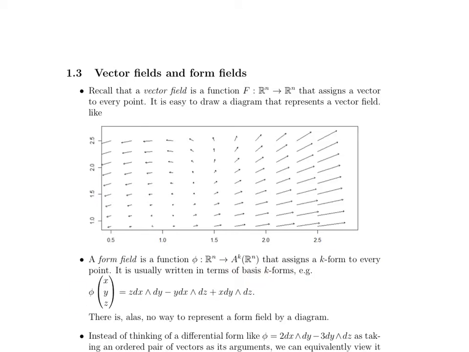So for instance, phi here is an example, and you can see that depending on where you are in space, you will have a slightly different form here at every single point, because the coefficients, note that there's z here, y here, x here, the coefficients on those basis k-forms change depending on where you are. Unfortunately, there's no way to represent a form field like we did with a vector field up here, but it's useful to at least have one written out for you.